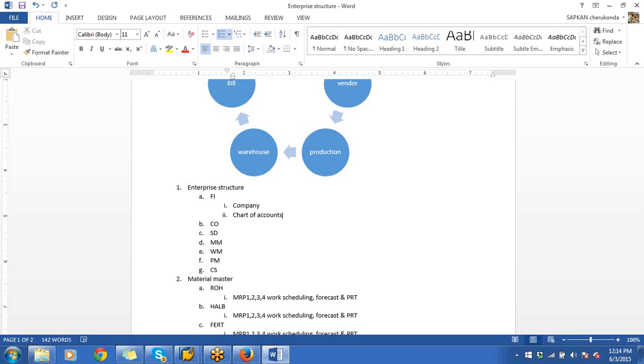Chart of accounts, unlike company code, has a meaning in SAP and outside SAP. Chart of accounts is nothing but a big bag of all the GL accounts, general ledger accounts.